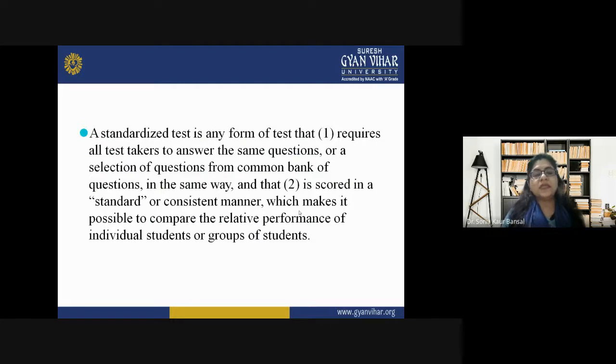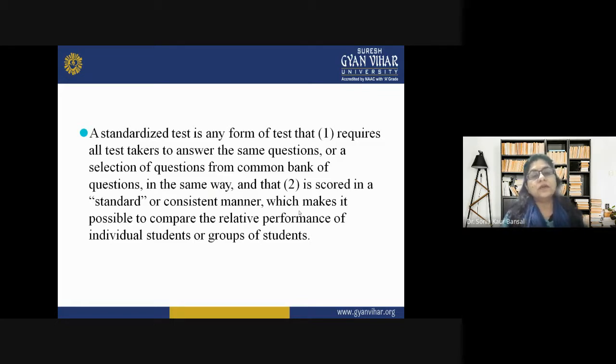Now students, let's understand that a standardized test is any form of test that, number one, requires all test takers to answer the same questions. The questions are the same. They are not changed from sample to sample, or from one student to another student.